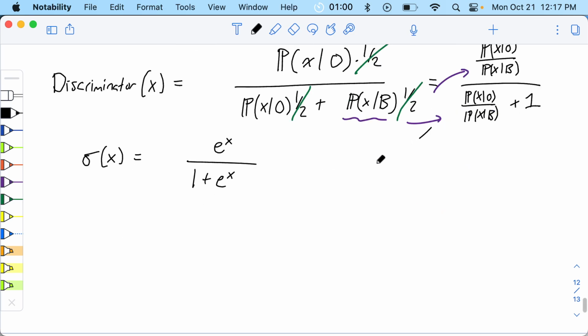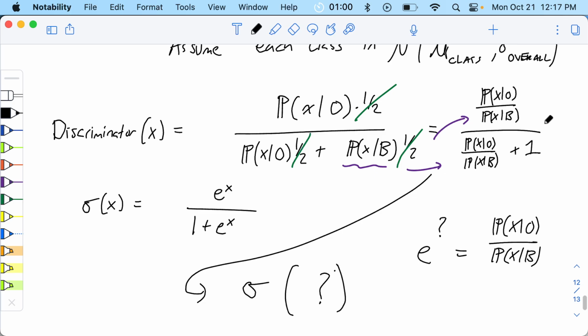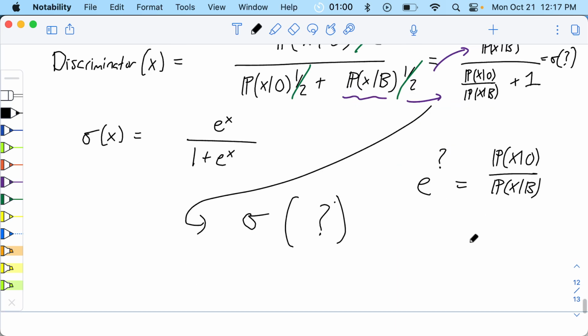Let's do one more step. So this is the sigmoid of question mark, where question mark has the property that e to the question mark equals the probability of x given O divided by the probability x given B, right? So this thing equals the sigmoid of question mark, where e to the question mark is that thing. We have a name in math for solving this equation. It's called the logarithm. So what have I shown?